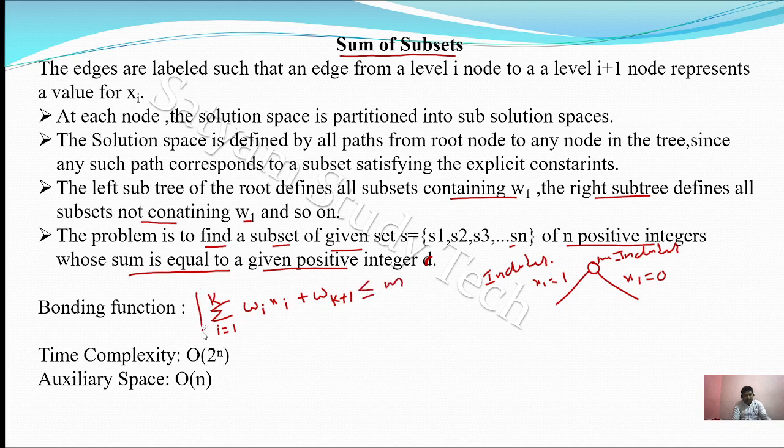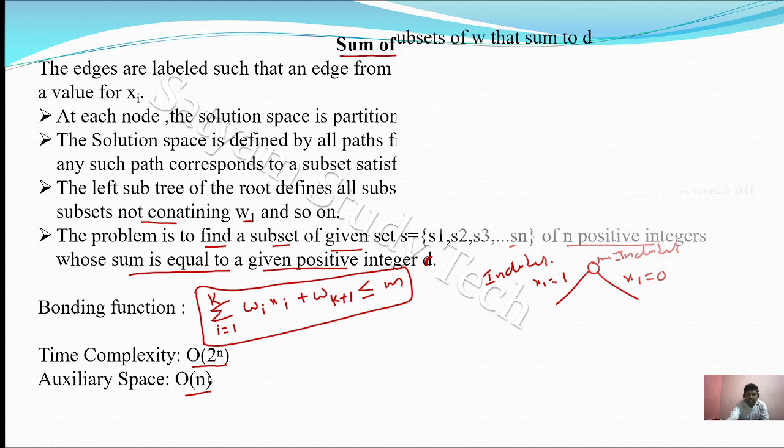This is the bounding function. The subsets that satisfy this bounding function are the solutions. The time complexity of sum of subsets is big O of 2 power n, exponential time complexity. Auxiliary space is big O of n.